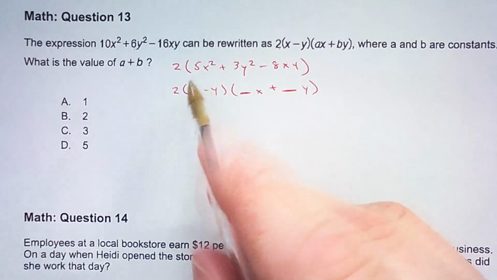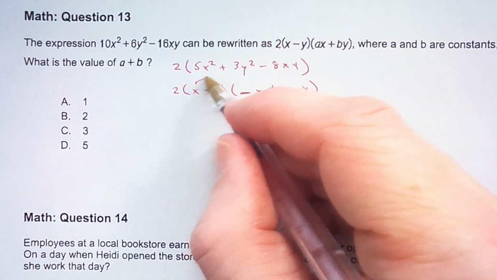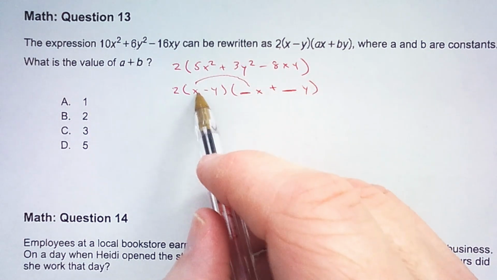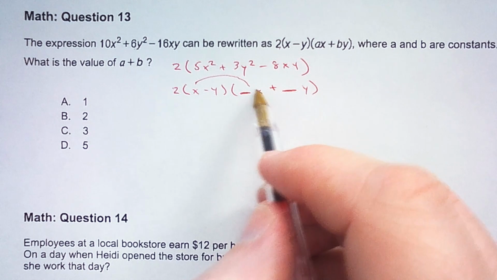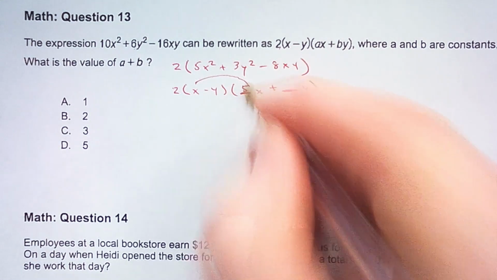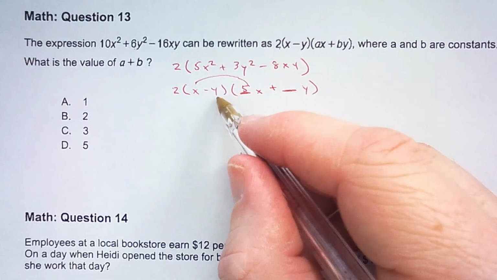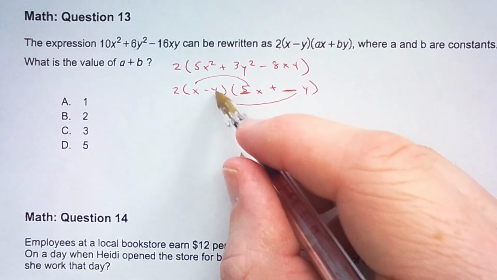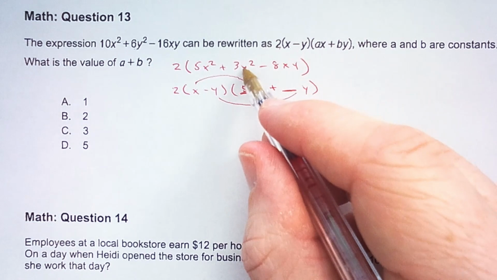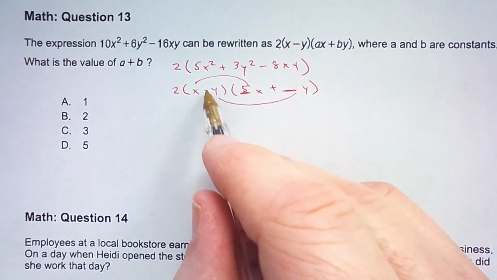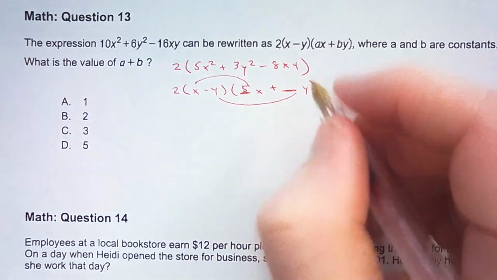So what I need to happen is when I distribute this, I get 5x squared. So x times blank x is 5x squared. Well, that's going to have to be a 5. Then when I multiply this, y and y gives me my y squared, but it has to be positive 3y squared. So I have negative y.